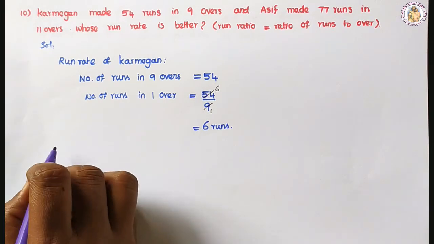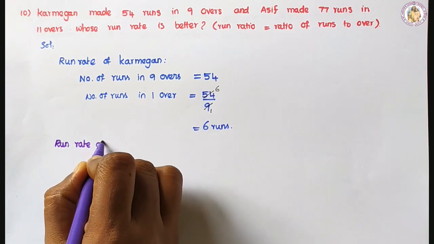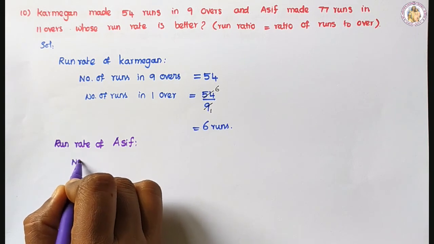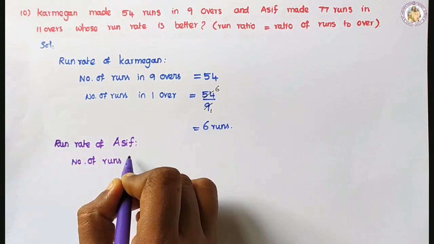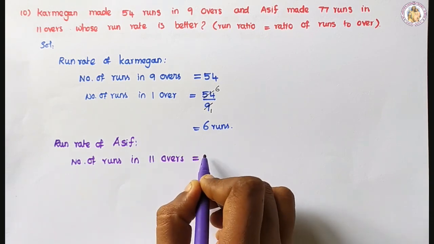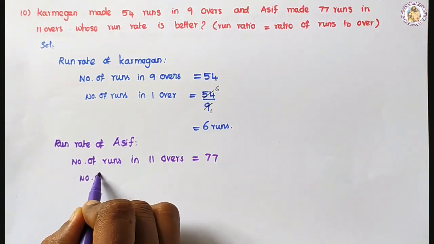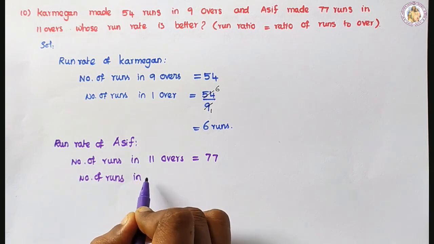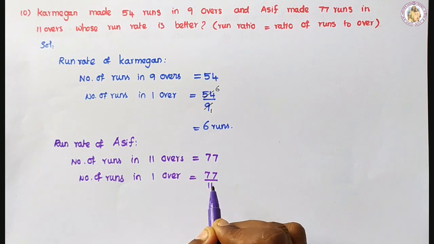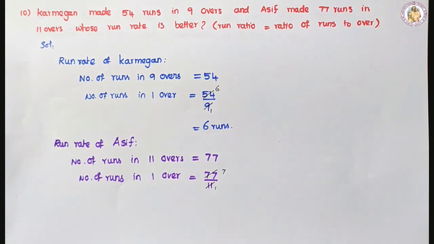Now run rate of Asif. Number of runs in 11 overs equal to 77 runs. So number of runs in 1 over equal to 77 divided by 11. 11 1 is 11, 11 7s are 77.